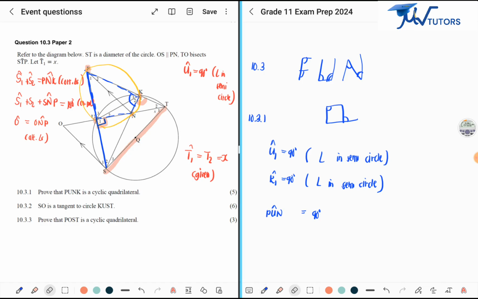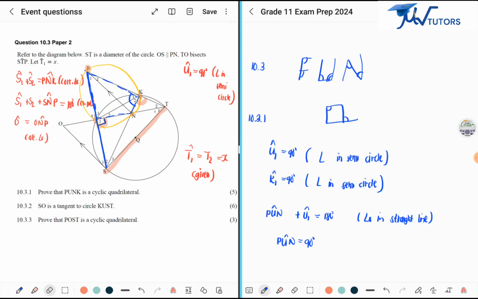Let me rather say PUN plus U1 is equal to 180 degrees. So sum of angles in a straight line equal to 180. And therefore I can say that PUN is basically equal to 90 degrees because U1 is 90 degrees.